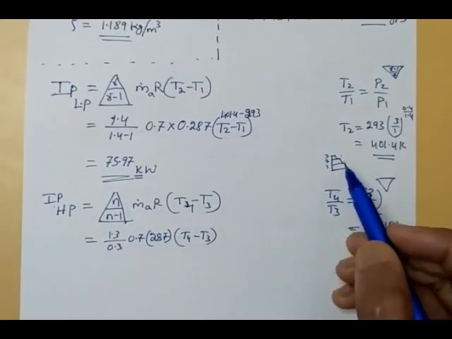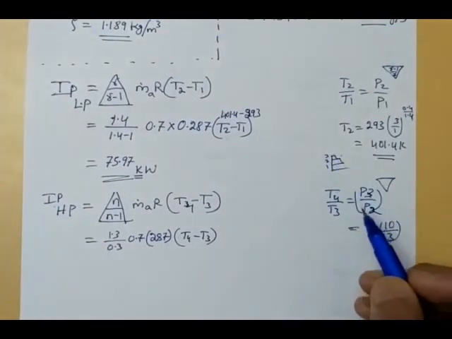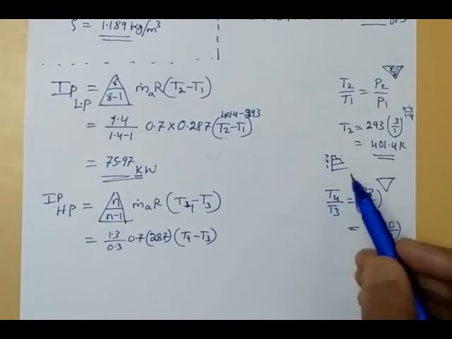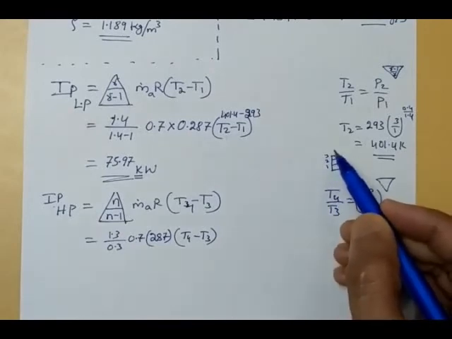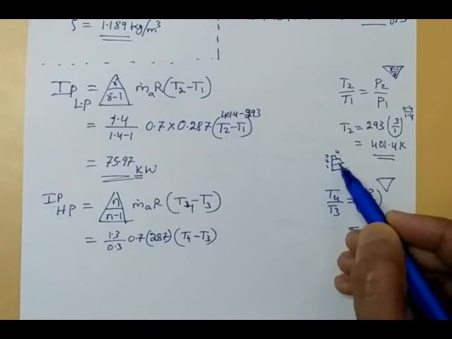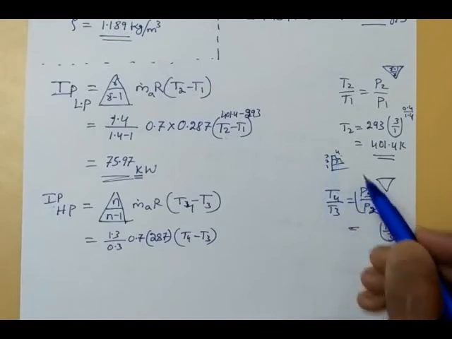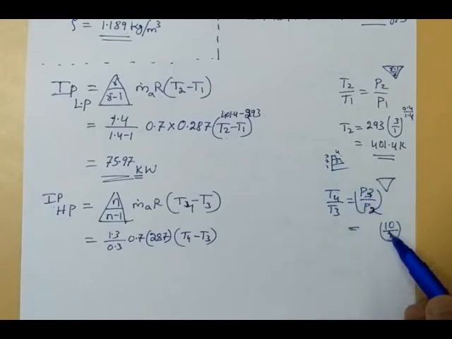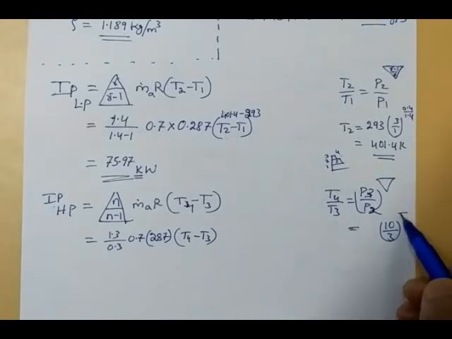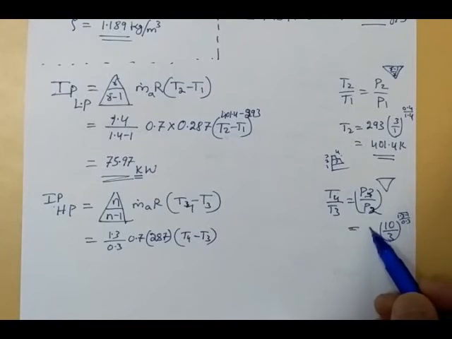So there is only 3 pressures, P1, P2, P3. That's why for the second stage, T4 by T3 is equal to P3 by P2, that is 10 by 3 power n minus 1 by n, 1.3 minus 1 by 1.3, into T3.